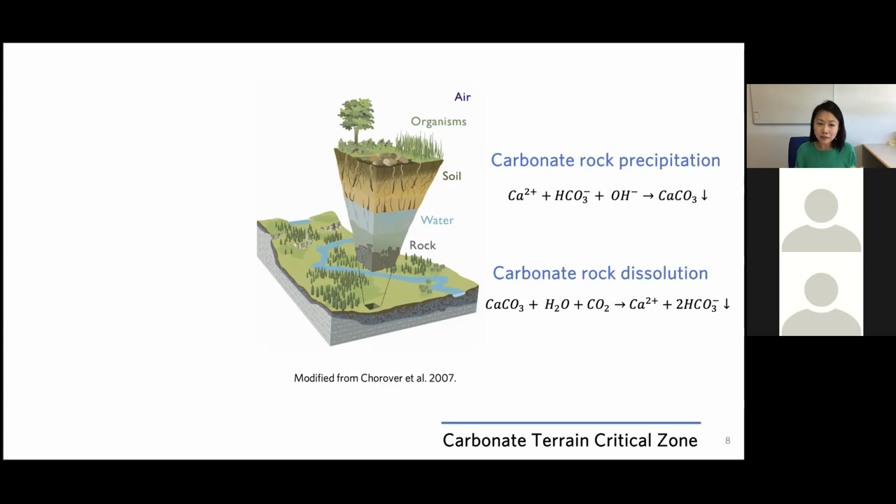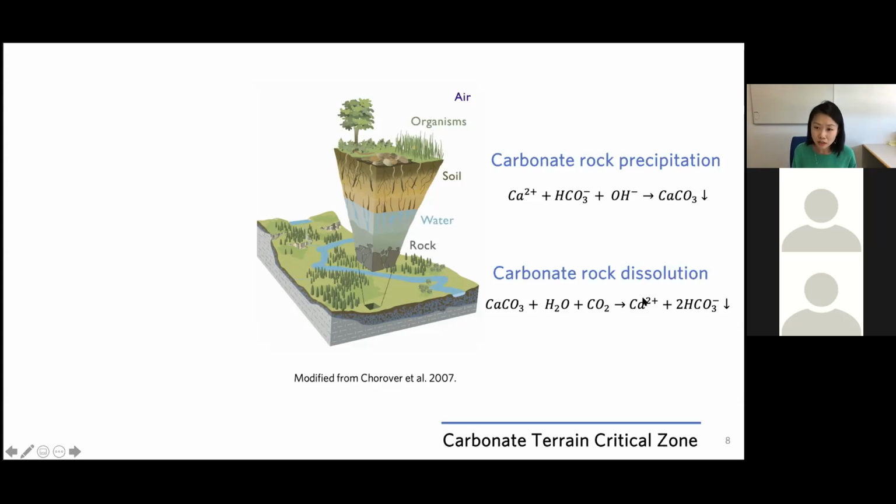And this very reactive skin of terrestrial earth influences the moisture, groundwater, energy, and gas exchanges between the land and atmosphere. For the carbonate terrain, the critical zone is dominated by the chemical weathering process, mainly these two reactions: carbonate rock precipitation and carbonate rock dissolution.